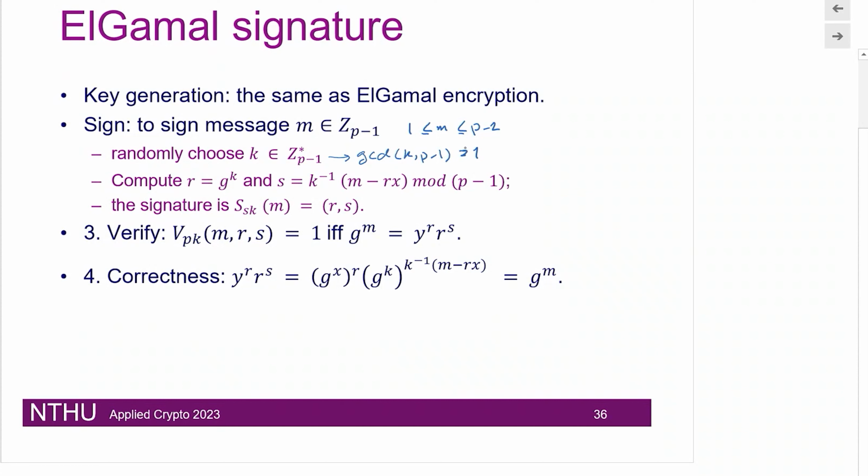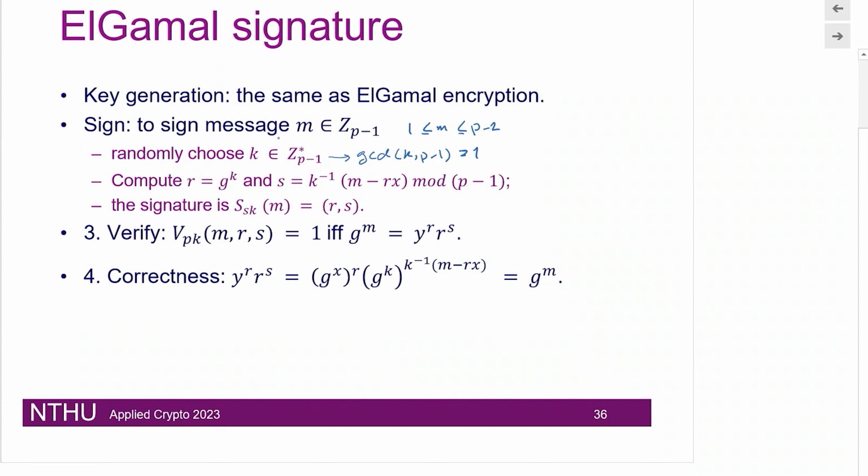So be careful with this one. p-1 is not an odd number, it's an even number. So it is saying that you should find a random value k such that the GCD of that number and p-1, which is an even number, is 1. So pretty much k over here has to be an odd number, but we need to test that.